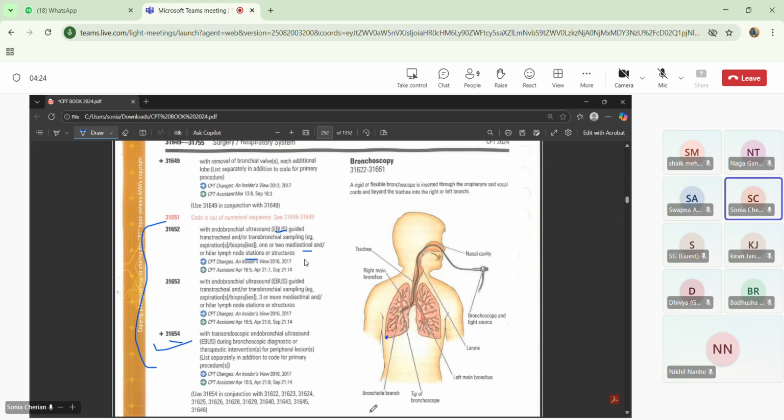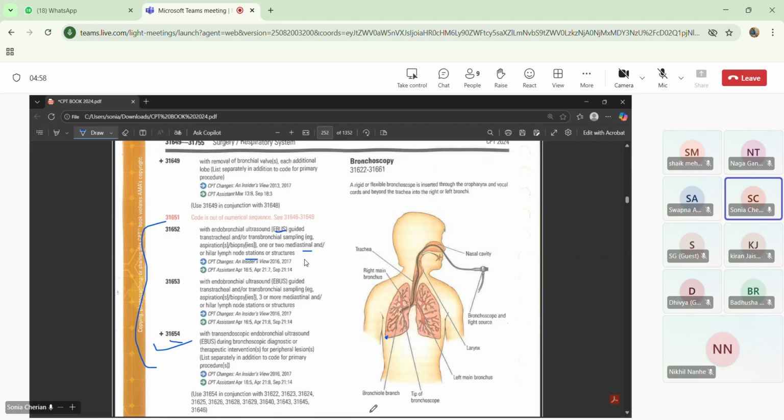This is for mapping cancer staging, developed by the International Association for the Study of Lung Cancer. Sometimes only 3 stations, sometimes 4 or 7 stations. If it is more than 3, then you'll be coding 31653. But if it is just 1 or 2 lymph node stations, then your CPT is 31652.